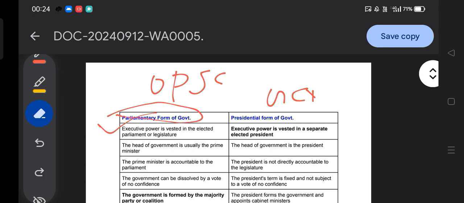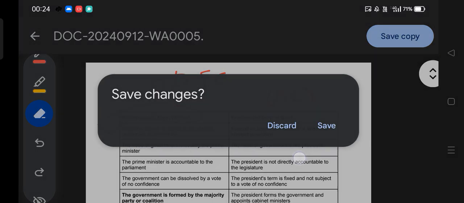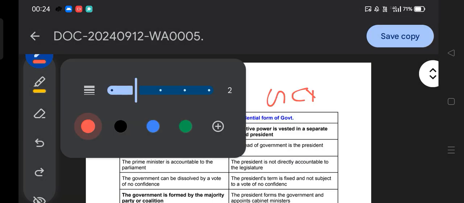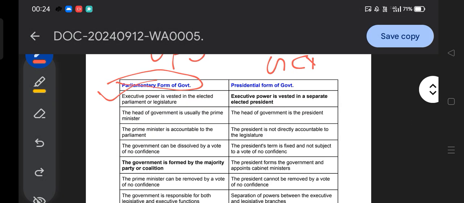Okay sir, so what is the presidential form of government? In the presidential form of government, executive power is vested in a separate elected president. Executive power is not associated with the legislature.